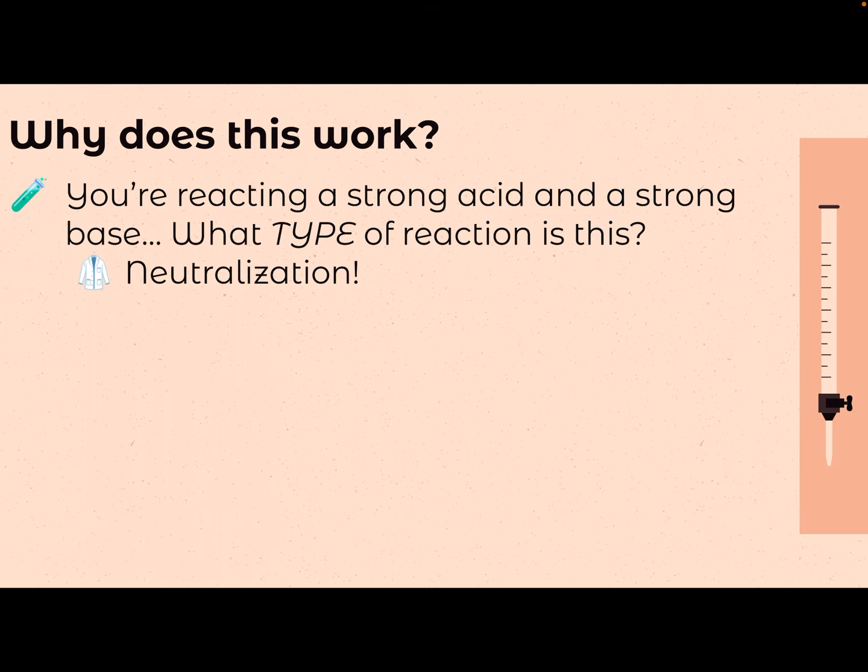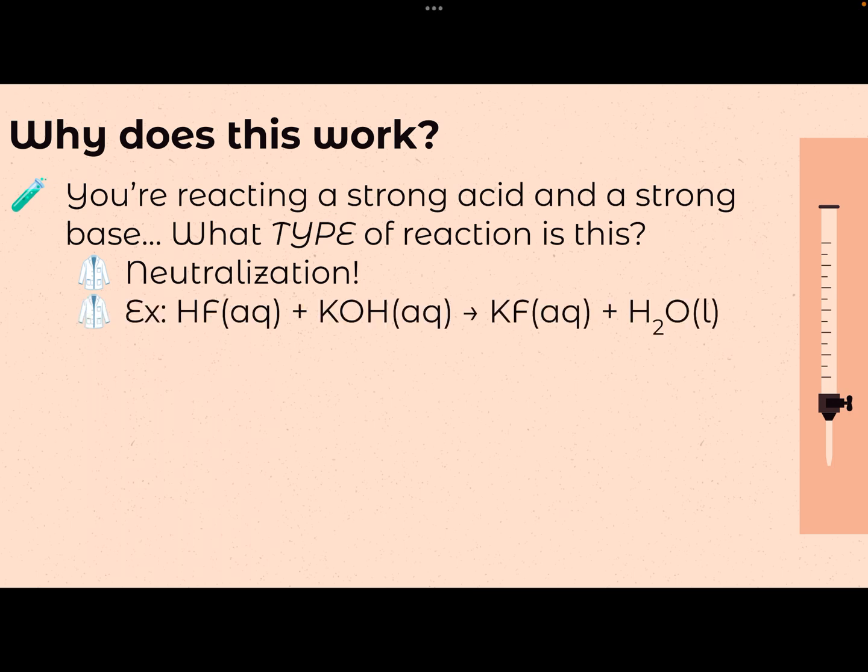What should you be making in a neutralization reaction? React an acid and a base, and you end up with a salt and water. So we'll do this as an example, right? Let's say I gave you hydrofluoric acid and you reacted it with potassium hydroxide, acid, base. Those two things are going to come together and they're going to make a salt and they're going to make water.